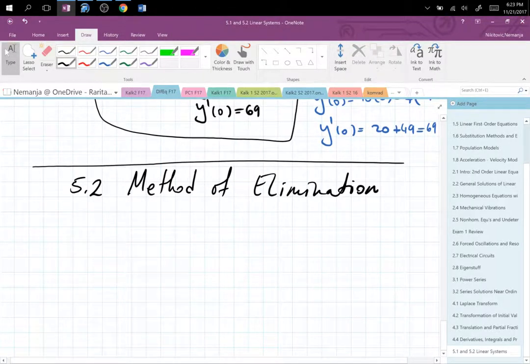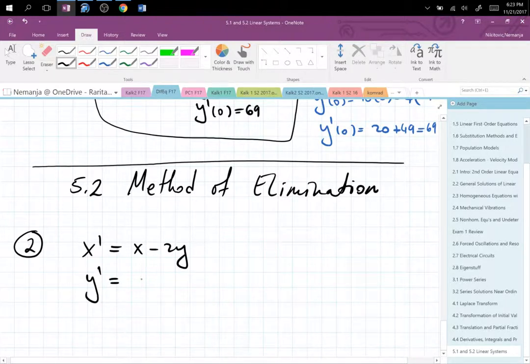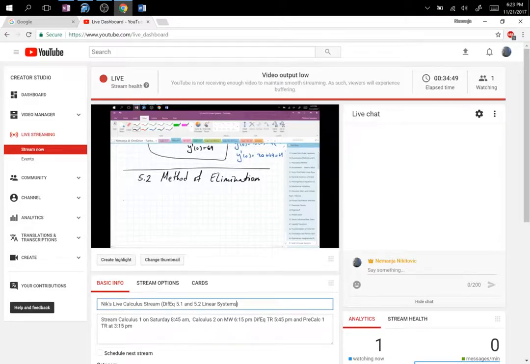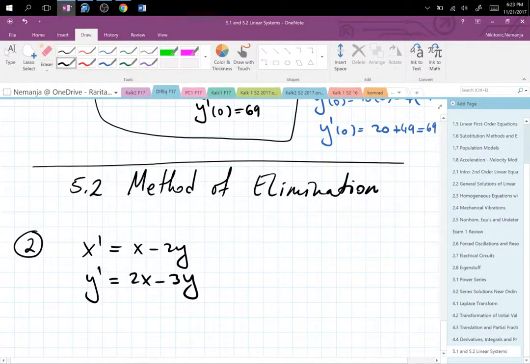So method of elimination, it's problem number 2. You have some of the problems solved in your textbook.